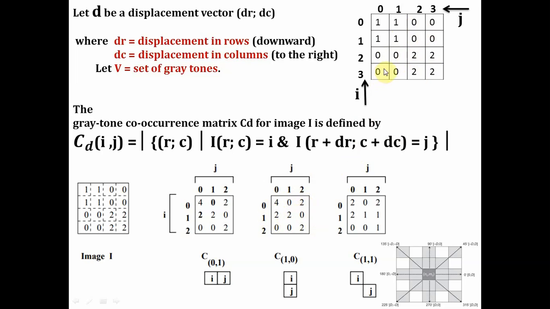Now 1 0. You have 1 0 like a vertical pattern. Yes, you have two vertical patterns 1 1, so you will write 2. Is there any vertical pattern like 1 2 1 2? No, so you will write a 0.